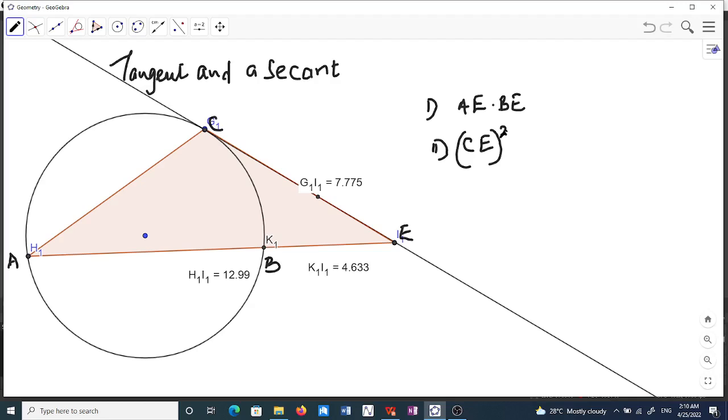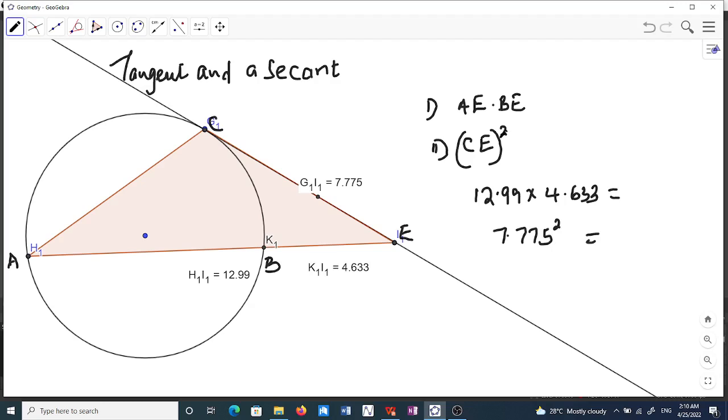So AE is the total of this, which is 12.99, times BE, which is 4.633. So we need to get that result, and then get 7.775 squared.